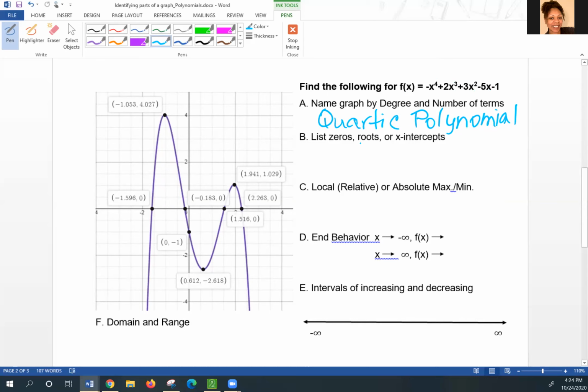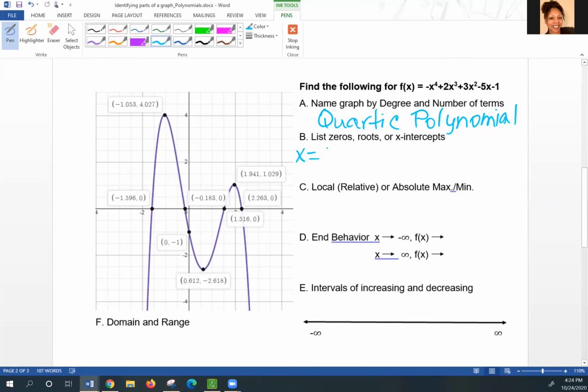Okay, again, listing my zeros, roots, or x-intercepts. This one is labeled, but there's a lot of things going on. So what you want to look for is where your y values are 0. Zeros, roots, and x-intercepts are the x values.